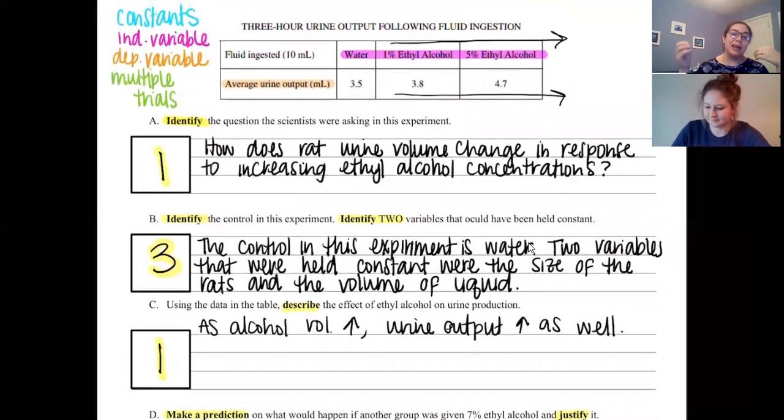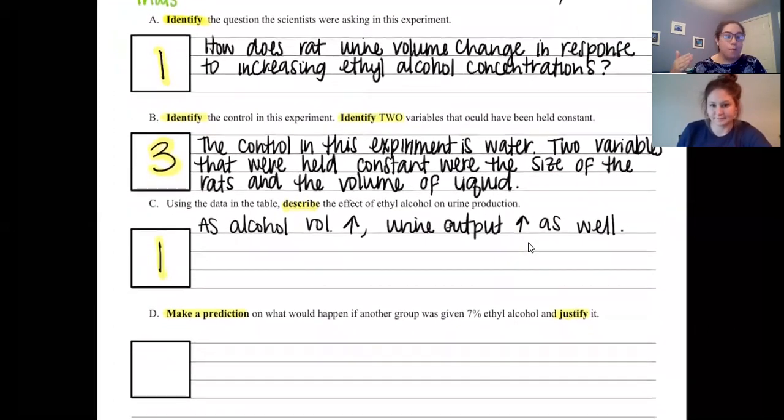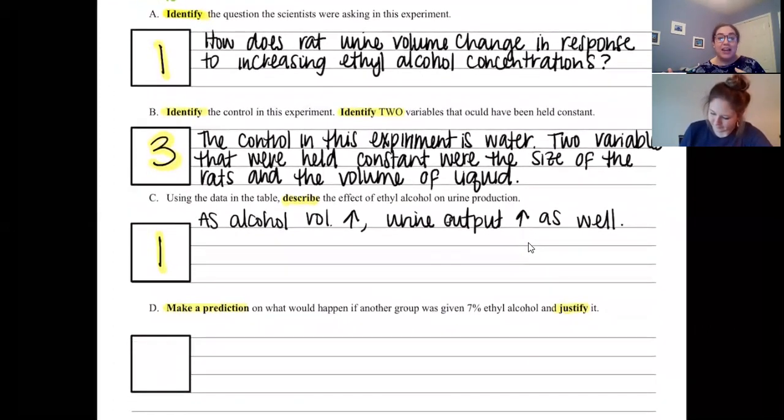If 7% ethyl alcohol was given to the rats, based on the trend that we saw of urine increasing as ethyl alcohol increasing, then your prediction should be any number above 4.7. So you can either specify a number if you want to say 5 or 5.8, or if you just want to say more than 4.7, that would be fine as well.